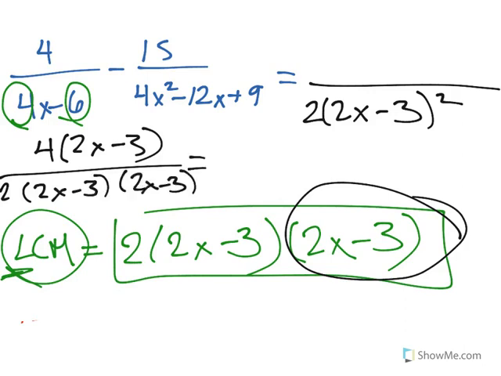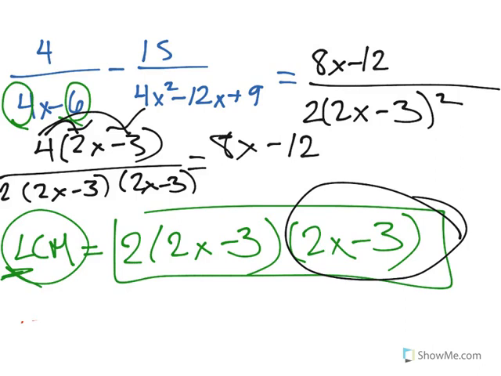And we see that the denominator becomes our LCM, which is what we wanted to happen. And then we just distribute the 4, and we get 8x minus 12.